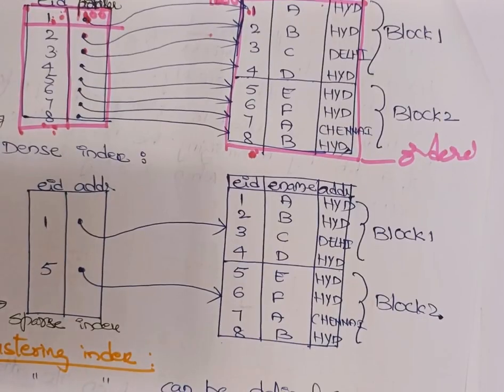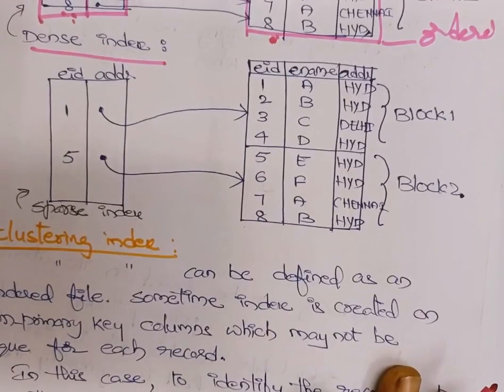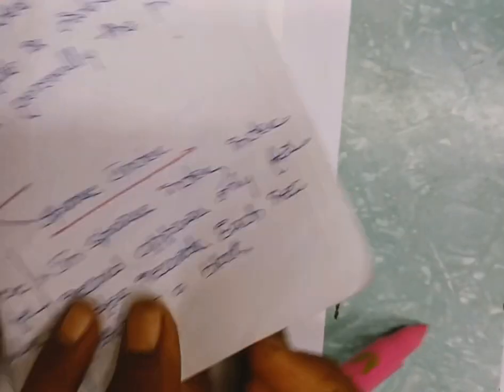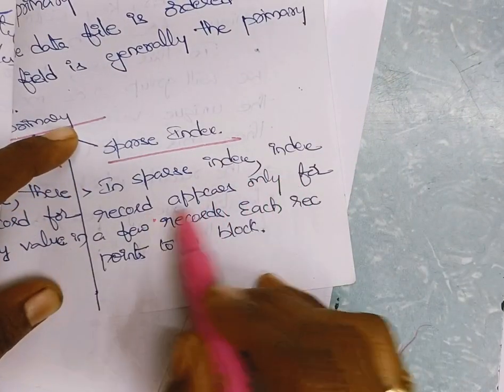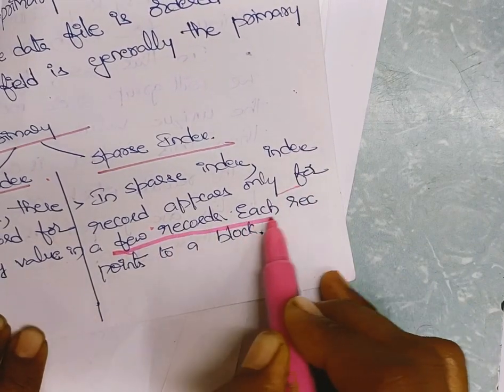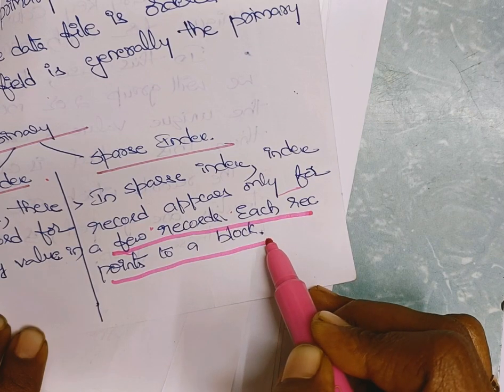This is a dense index. Now we will see the sparse index. In a sparse index, an index record appears only for a few records. Each record points to a block.